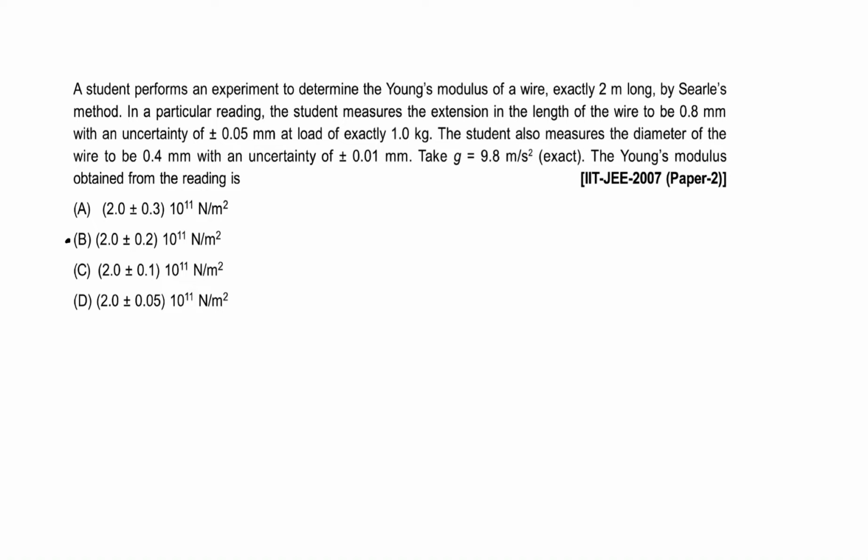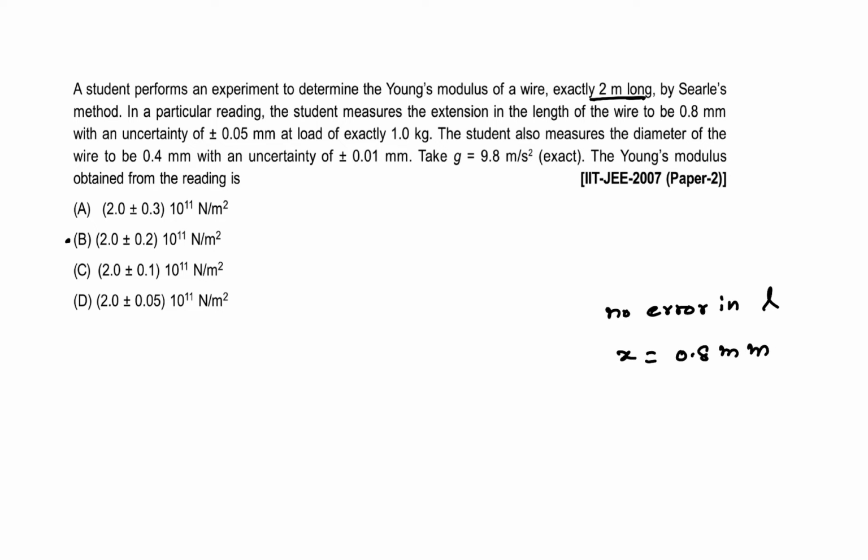Next question. This is the IIT JEE 2007 paper 2. A student performs an experiment to determine Young's modulus of a wire exactly 2 meter long. No error in L. Next, by Searle's method, which is used to measure the Young's modulus of a wire.